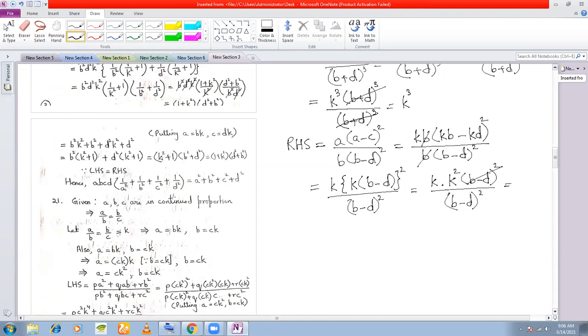Now (B minus D) whole square cancels from the numerator and denominator. You only get K into K square, which is equal to K cube. Hence left hand side is equal to right hand side, which is what we required to prove. Okay, so this finishes the first part. Now we see the next part of the same problem.